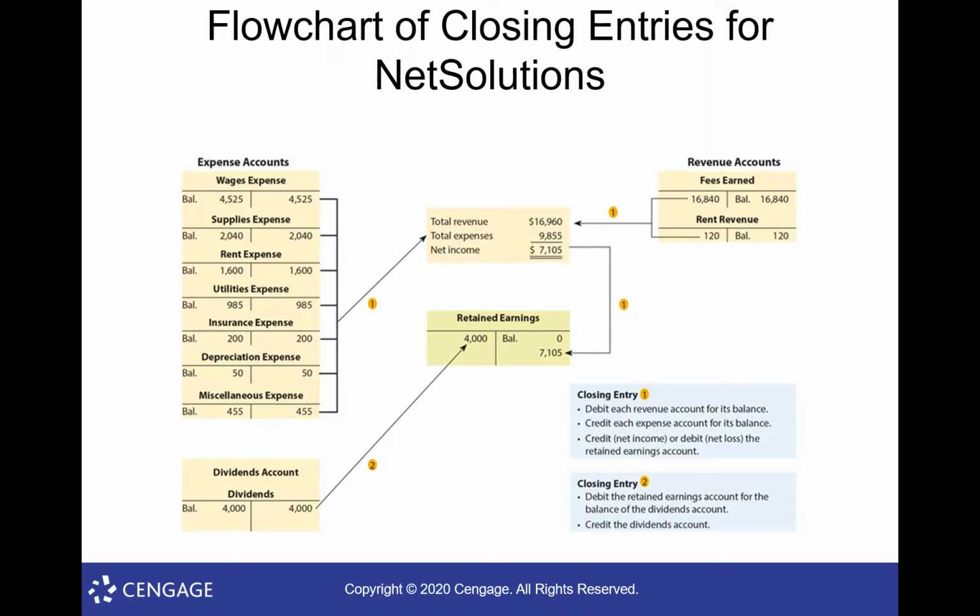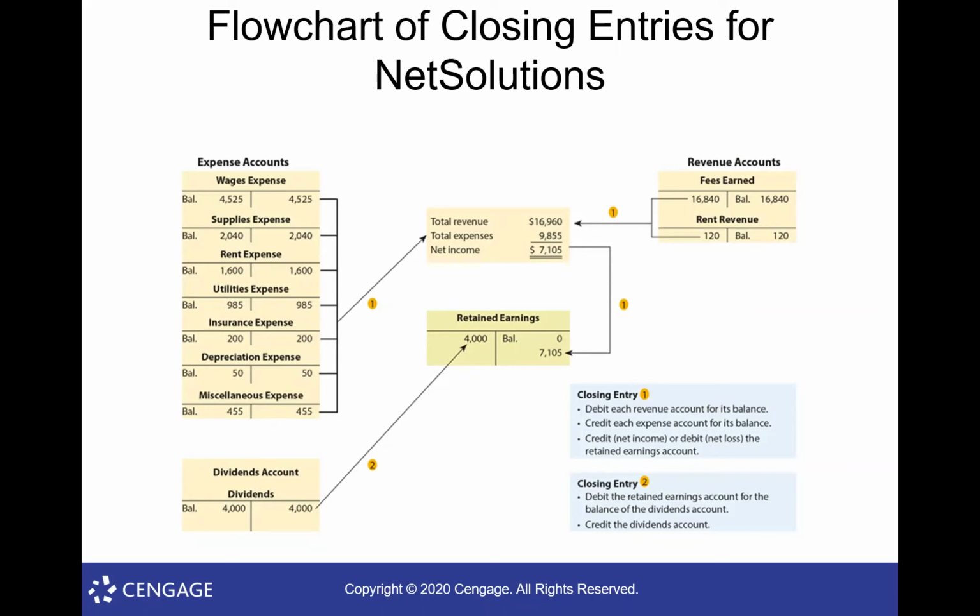Closed. Back to zero to start for a new period. Rent revenue, $120. So if we're debiting those accounts, we'll credit the income summary account $16,960. The new balance of the income summary account then will be $7,105.